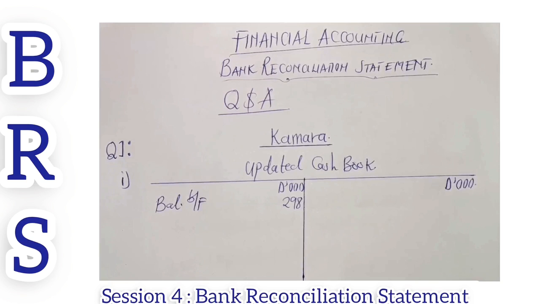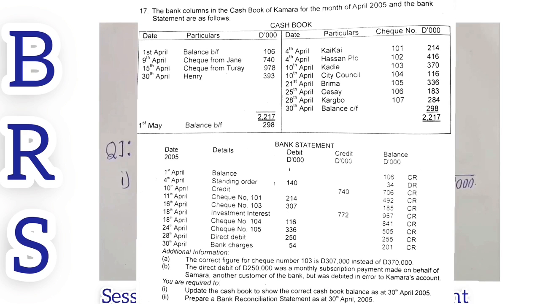Okay, so just be with me. Now, moving on to the bank statement, we clearly see that we have the balance and we have the standing order. You see the standing order is on the debit side of the bank statement, but cannot be found on either side of the cash book.